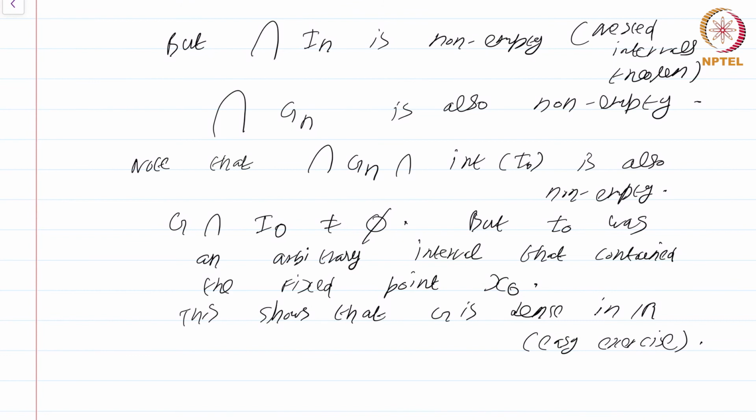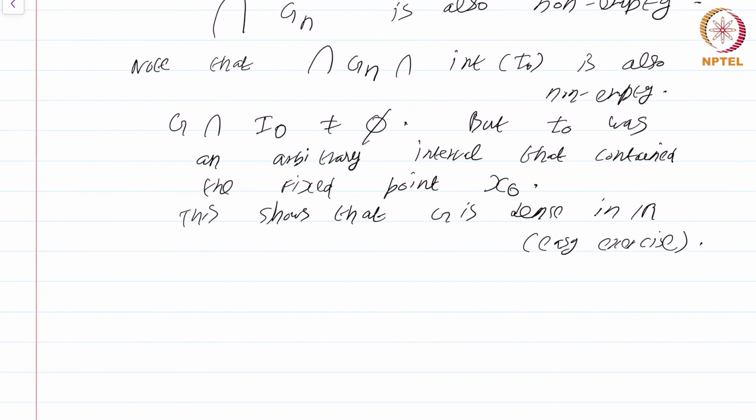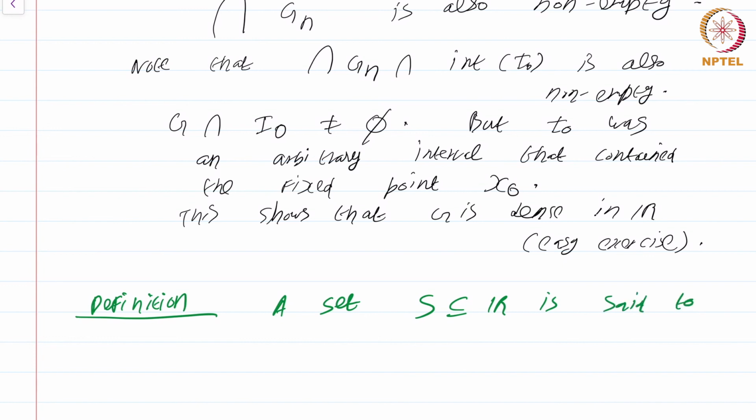Now, usually the Baire category theorem is stated in a somewhat different way. Let me just state it, but I will not elaborate on it because it starts to get a bit technical. A set S, subset of R, is said to be nowhere dense if interior of S closure is empty.